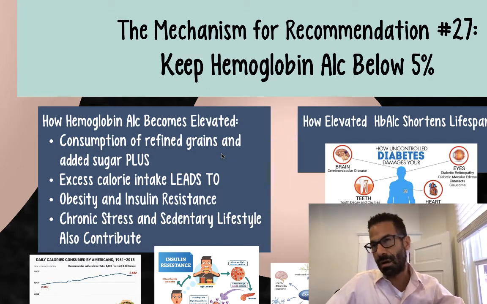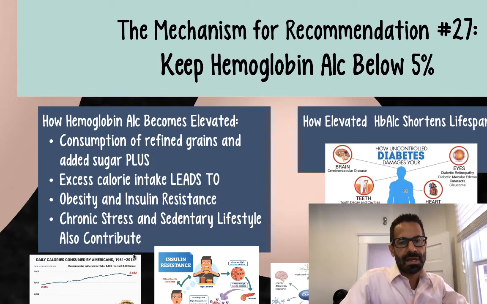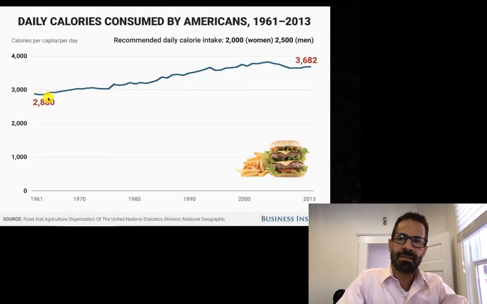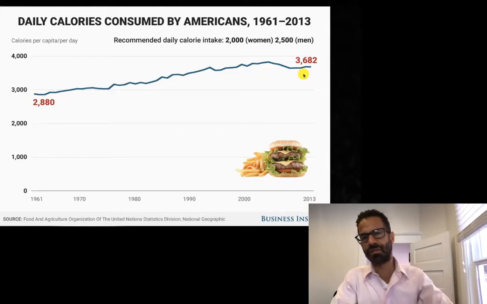But that's not all. It's not only the quality of the food that's deteriorated that has caused elevated blood sugars, it's also excess calorie intake. I can show you what I mean on this graph. The average American in 1960 was consuming 2,880 calories per day. That has increased to over 3,600 calories, almost a 25% increase.